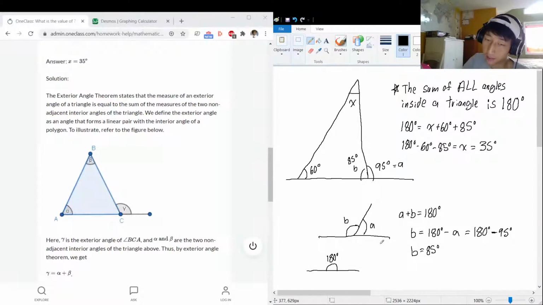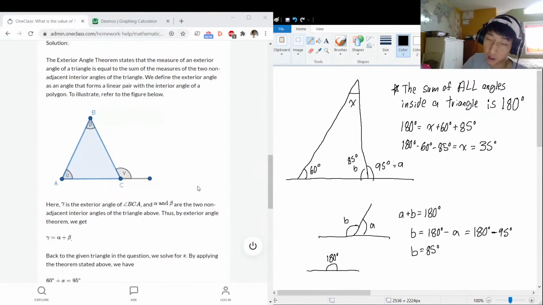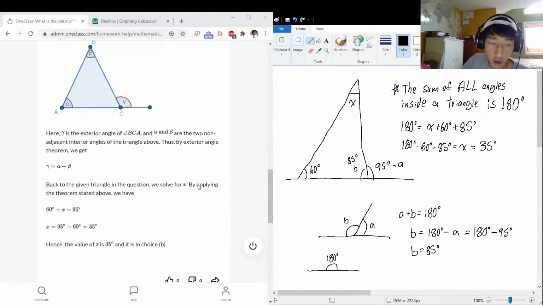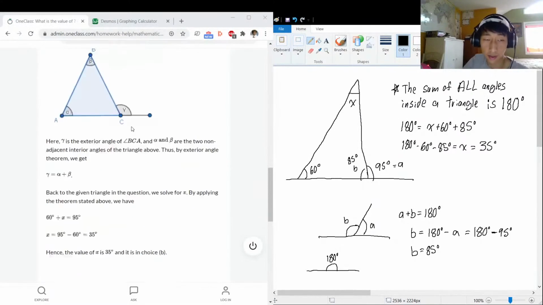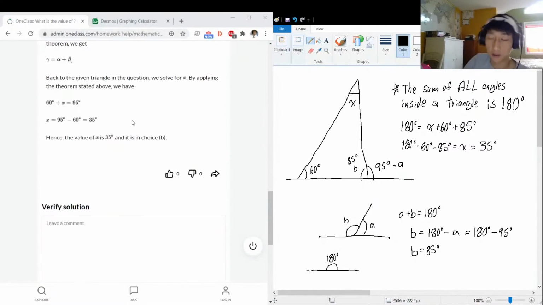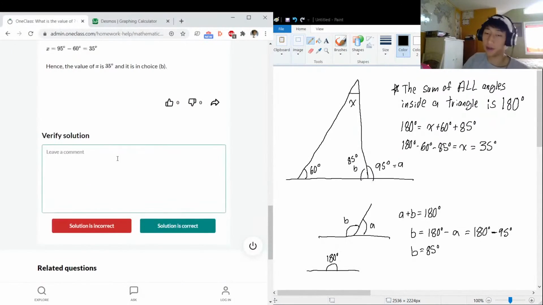On a straight line, if you know one of the two angles, you can find the other by subtracting, or 180 minus the one you know. They just compress that into a different theorem, which also works because we come to the same results, but in my opinion, this way was a little bit easier because we just need two very basic rules. So the above solution is correct. Awesome.